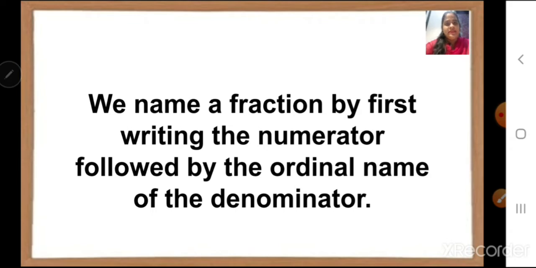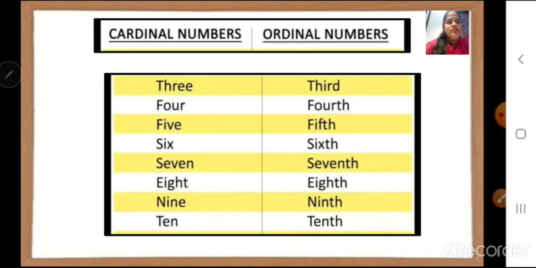Okay, let us see. Here children, we have cardinal and ordinal numbers. Now, ordinal numbers define the position of a thing or number. In fraction, when we are writing, we have to also write the ordinal numbers, right? Cardinal numbers are the normal numbers that we write: 1, 2, 3, 4, 5, 6, 7, 8, 9, 10 and so on.